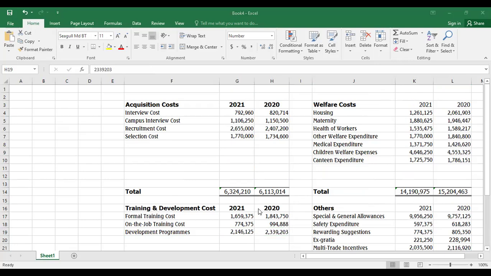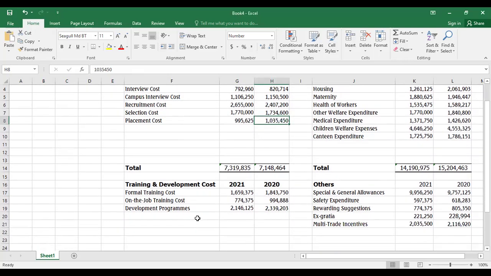Placement cost, of course, clearly falls as part of our acquisition. Then special training, of course.